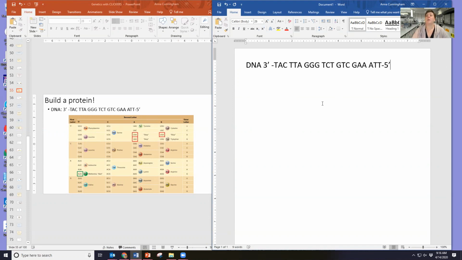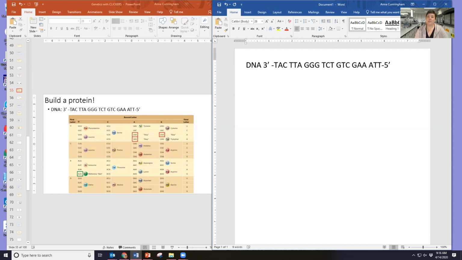If you were given DNA in the opposite direction, 5' to 3', the first thing you would need to do is use complementary base pairing to figure out the template strand. Remember that if you're given a 5' to 3' strand of DNA, you need the 3' to 5' strand. That is your template strand for transcription. Luckily we're given the 3' to 5' strand.